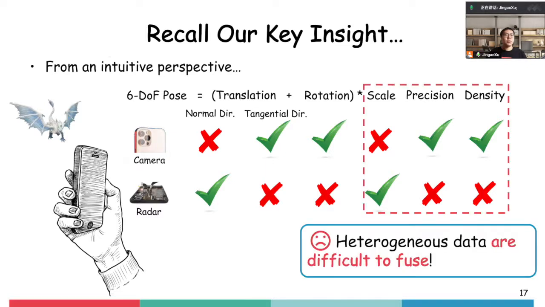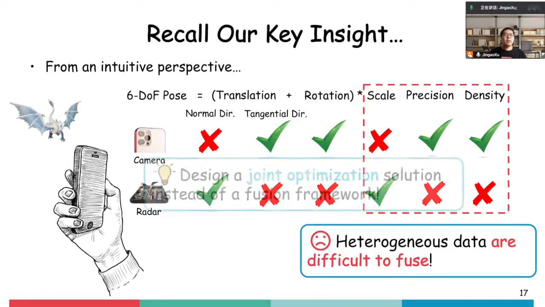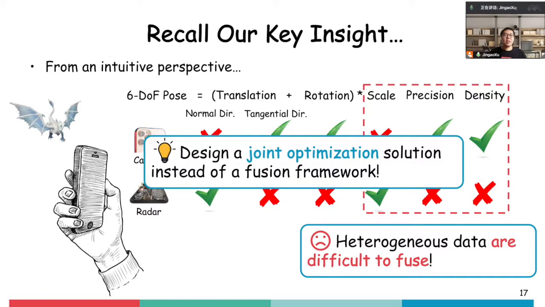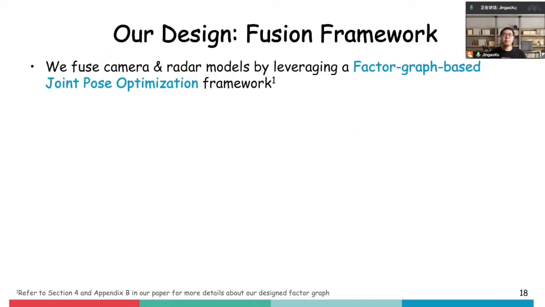Simply using traditional frameworks such as the classical Kalman filter or particle filter will not achieve better performance. So in FollowUpAR, we choose a different way. Instead of simply using a fusion framework, we treat the fusion task as a joint optimization problem and leverage a factor graph to optimize the final pose of the object.